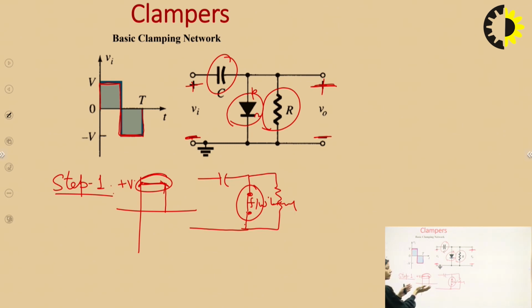Now, when this diode is forward biased, the capacitor will get charged. Okay. Now, when this capacitor is charging, what is going to happen? We will take this terminal to be positive and this terminal to be negative, and we will put a voltage VC across it.